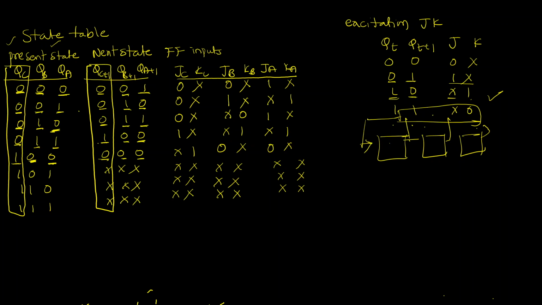So what we have to get as flip-flop inputs is nothing but the outcome of these states being processed. That means these are the inputs, these are the outputs. Or in simple words, flip-flop inputs are a function of present state.